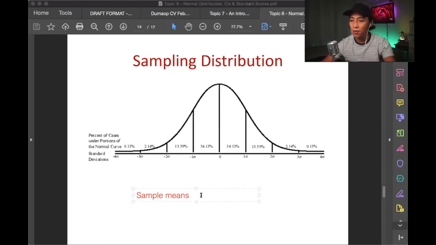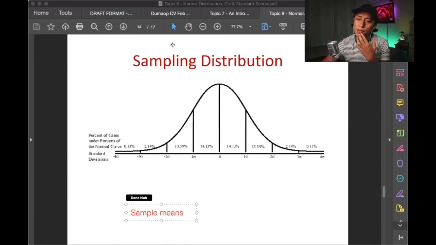Pero this time, ang content nito ay sample means. And whatever we've learned when we were talking about normal distribution of raw scores, that's also applicable to a sampling distribution.